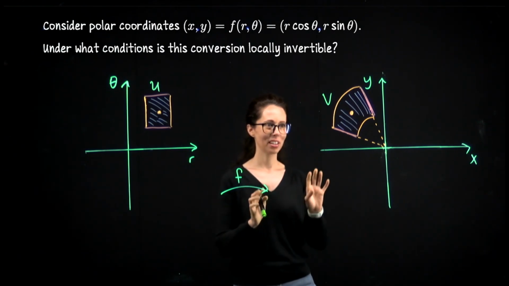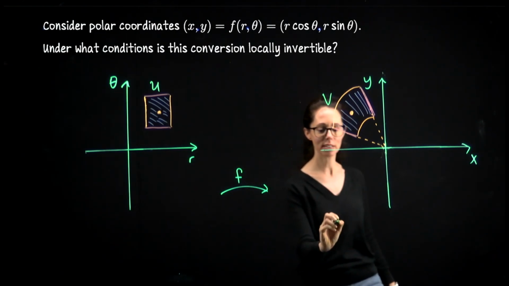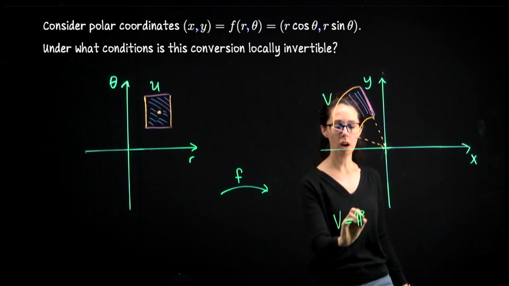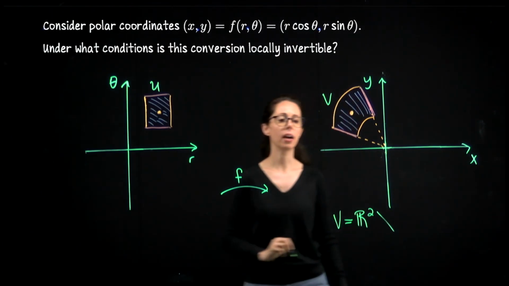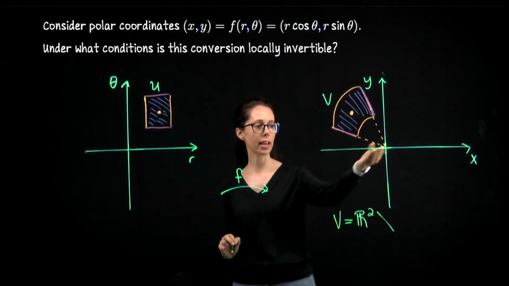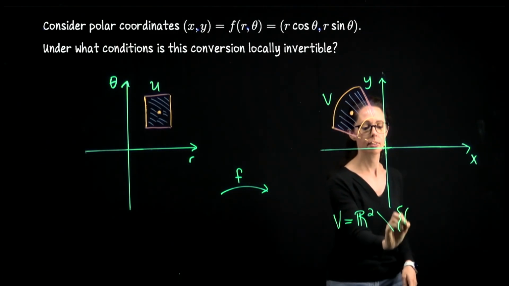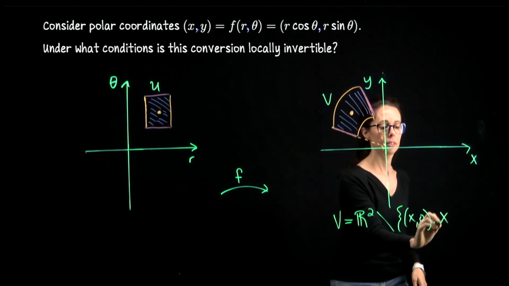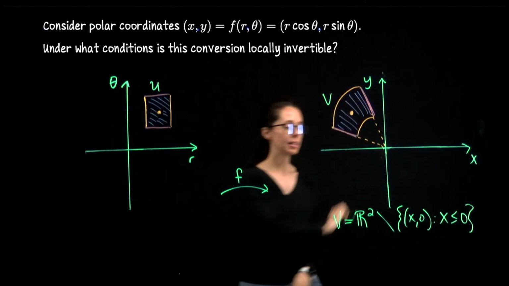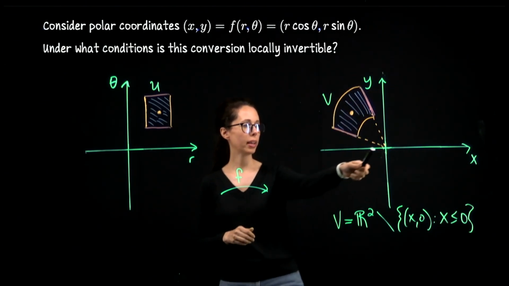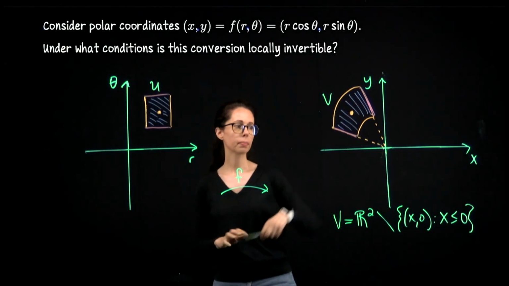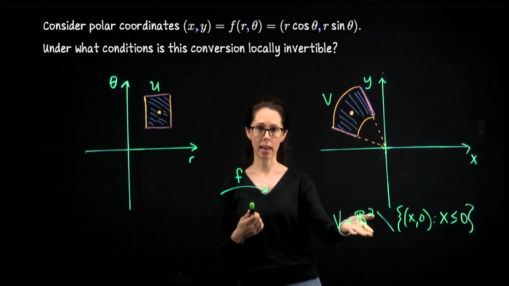So let me start backwards and define V first as all of R2, take away a closed set, which is the negative x-axis and the origin. So let me write that like that. R2, take away the origin and this ray. That's an open set.